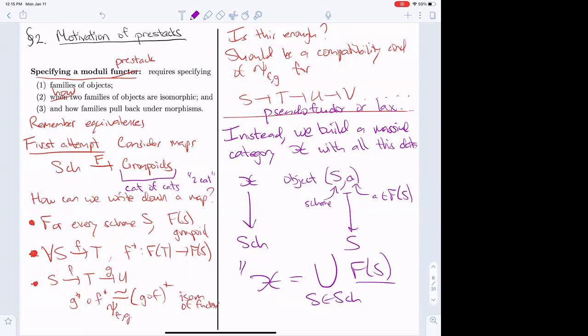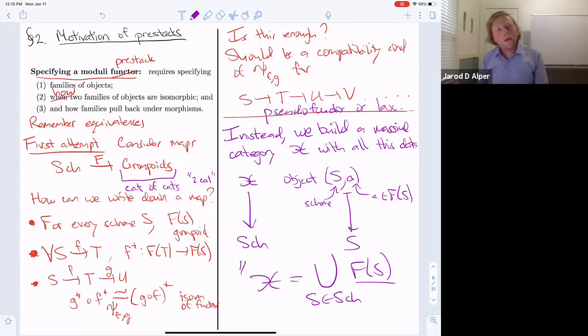So just to be clear, this notion that you're defining is not the same as just a functor from schemes to groupoids. This is more data, right? Well, no, I wouldn't say it is.